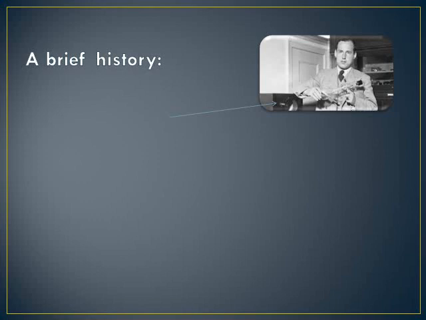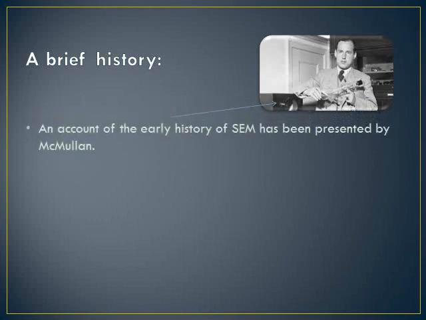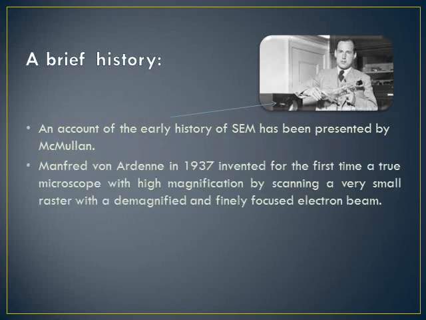An account of the early history of SEM has been presented by McMullan. Although Knoll produced a photo with a 50 millimeter object field showing channeling contrast by the use of an electron beam scanner, it was Manfred von Ardenne who in 1937 invented a true microscope with a high magnification by scanning a very small raster with a demagnified and finally focused electron beam.